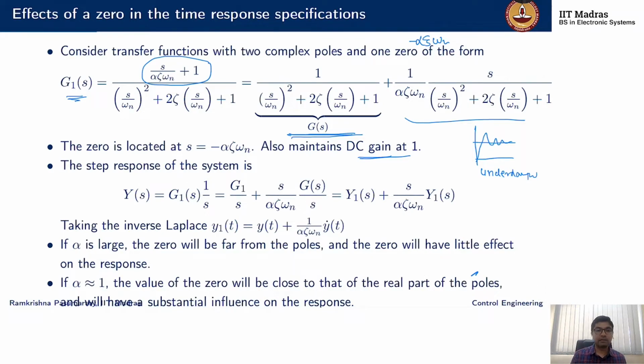And if I take the unit step response of the system, it will have two components. One is the component decided by the original plant without any zero, and the other is this. Okay, so I'm messing something up a little. So G1(s) by s will have two components.